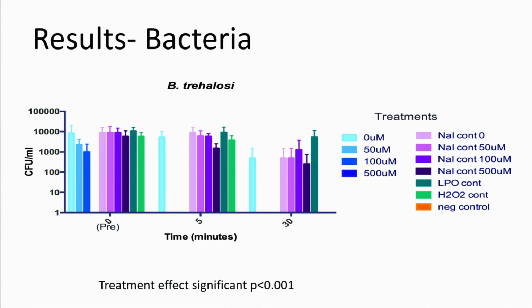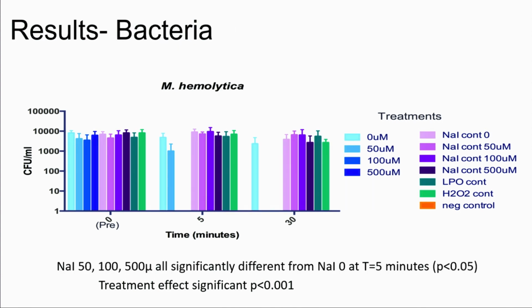Results were similar for the Manheimia hemolytica, although at the lowest concentration, we still had some growth of Manheimia at the first time period. So there might be a little bit of a time-dependent and concentration-dependent killing for this.